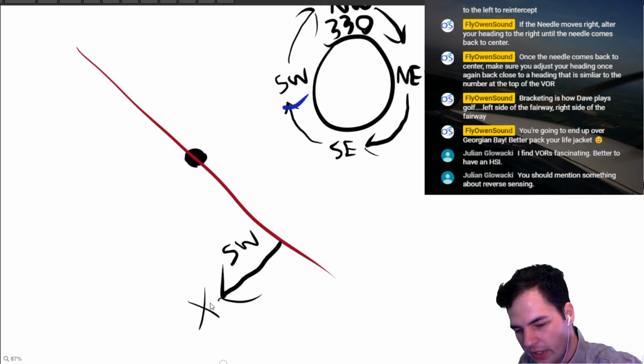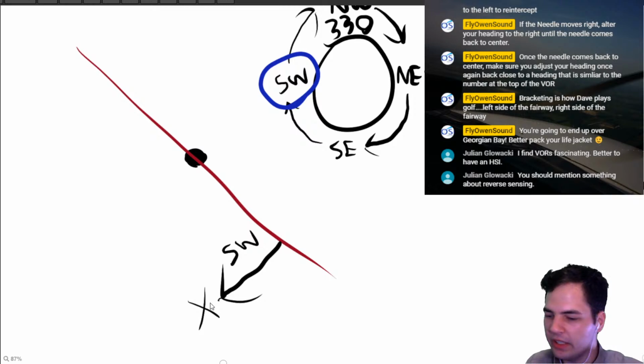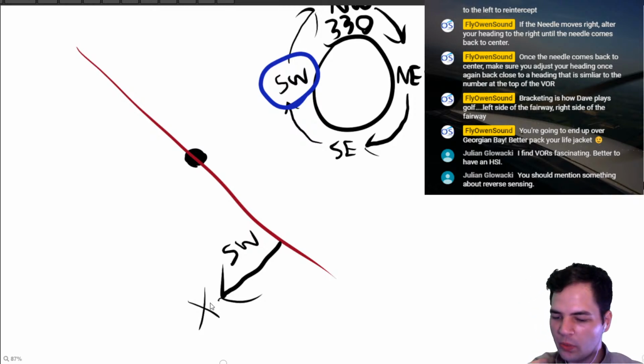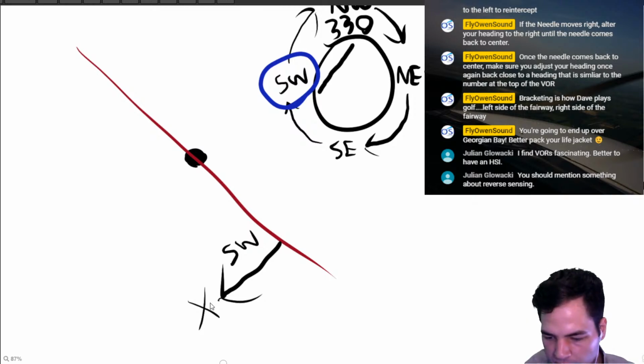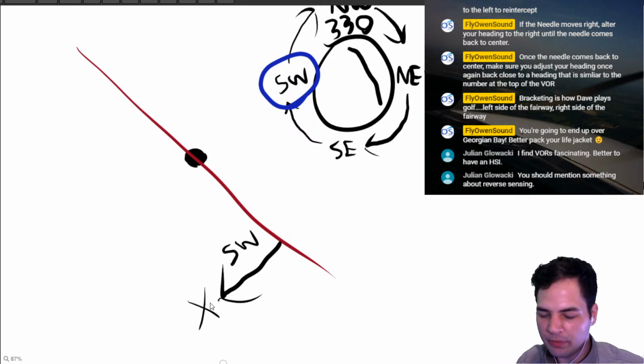Southwest is one of the things that I wrote on my VOR CDI indicator. So if you're wondering which way the needle's deflected, well, that's pretty good evidence that the needle in this case is going to deflect... I did that wrong. The needle is going to deflect to the right, oddly enough.